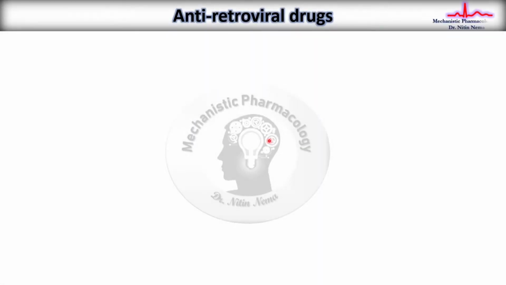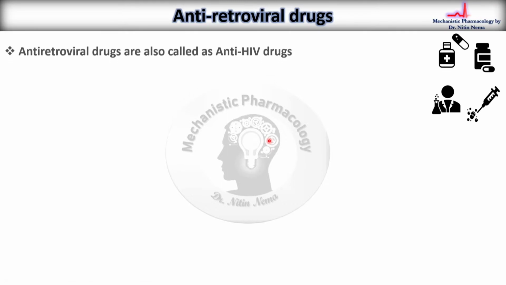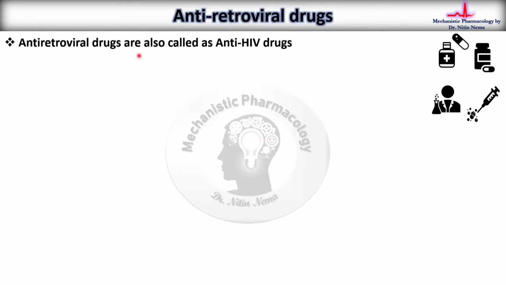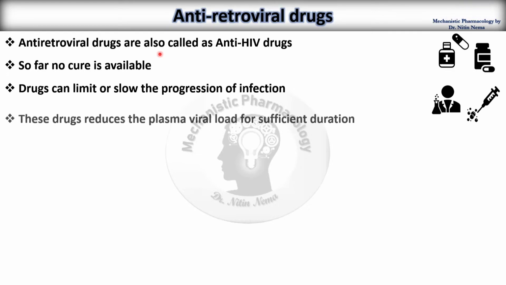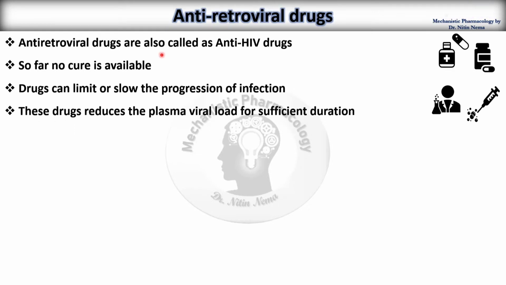Antiretroviral drugs. Friends, antiretroviral drugs are also called anti-HIV drugs. So far, no cure is available against HIV infection. These drugs can only limit or slow the progression of infection, and the treatment of such infection is always aimed at reducing the plasma viral load as much as possible.